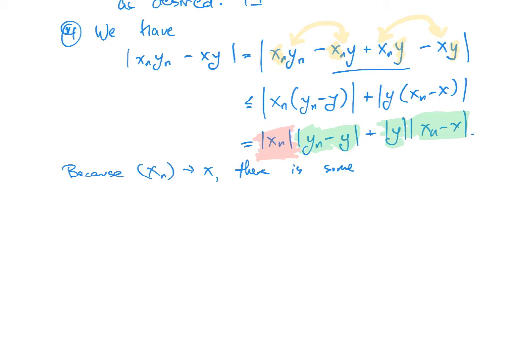There is some, instead of a capital N, I'm going to do a capital M. And what do I want? I'm going to actually insist that I have that inequality.